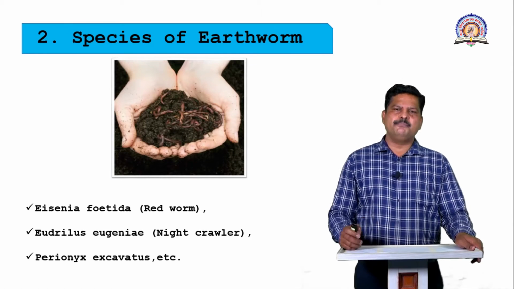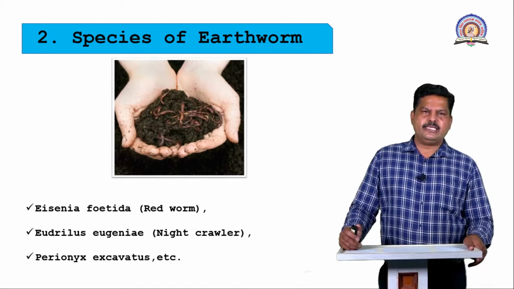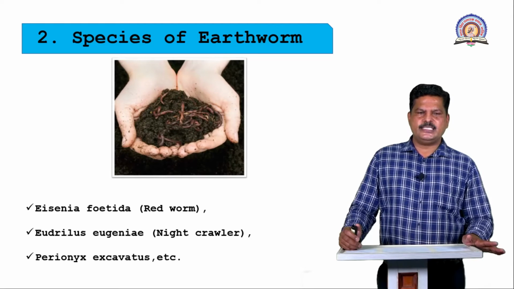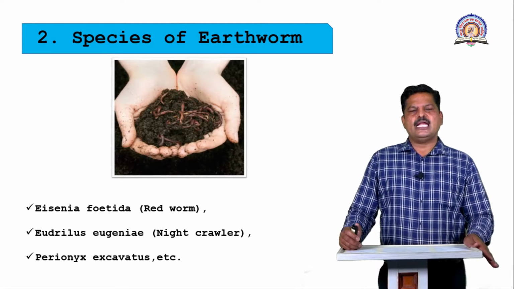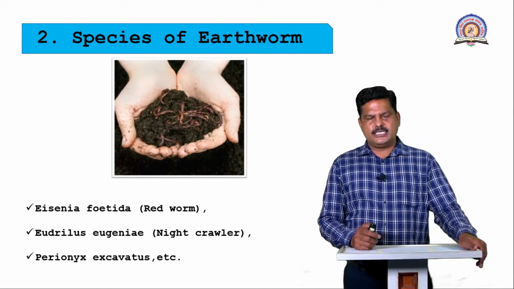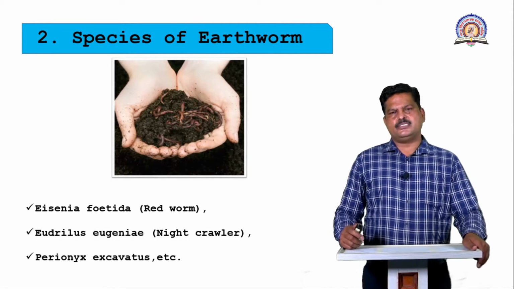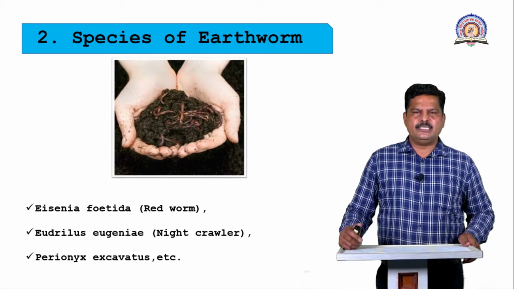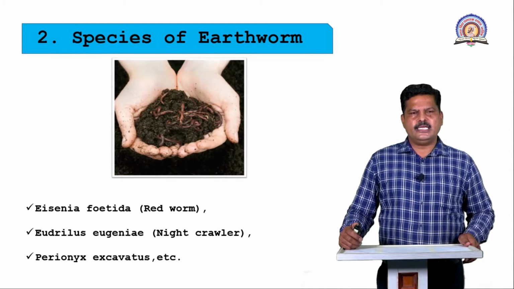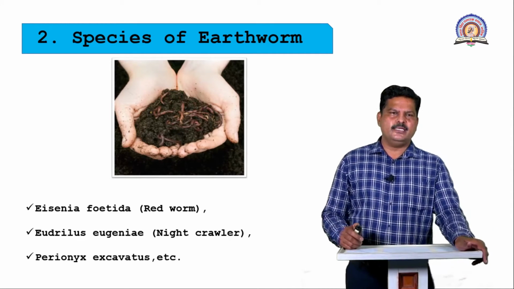So these are the three important species used in vermitechnology: Eisenia foetida, Eudrilus eugeniae and Perionyx excavatus. But in general, Eisenia and Eudrilus are the two important species used in the vermitechnological unit for taking production of vermicompost and vermiwash.